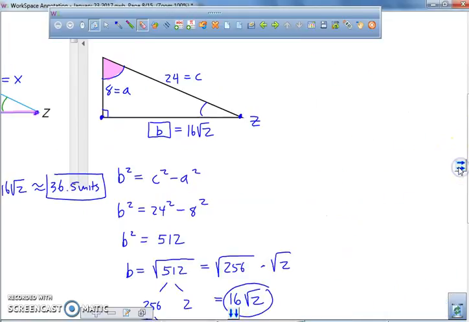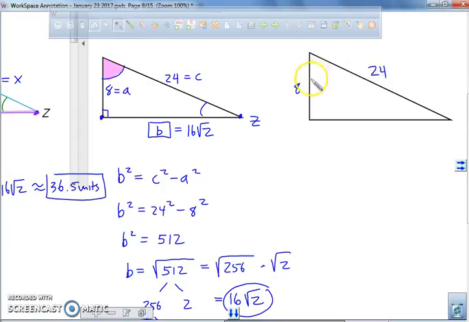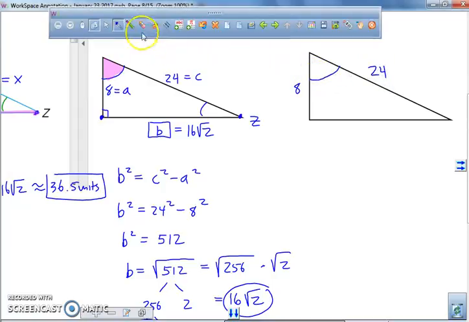Let's look at this triangle right here. I want you to focus on this side being 8 and this side being 24, and on just that angle right there. I need to find the measure of it, and then we're just going to add 60 degrees to it to find angle y.